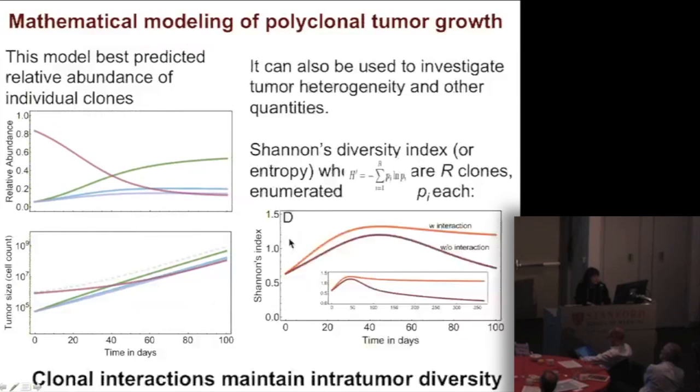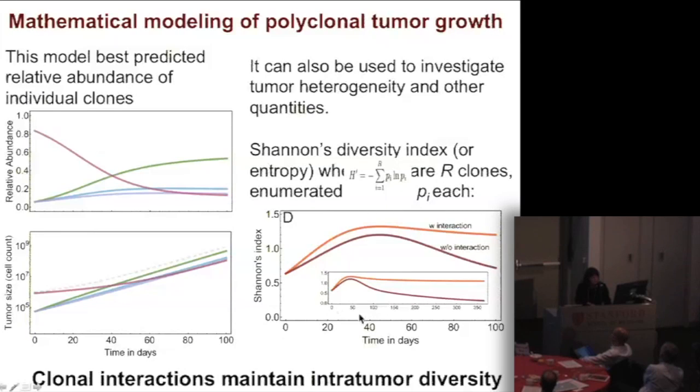I won't get into all the details, but basically based on their prediction and based on the clonal frequency in polyclonal tumors, what was predicted is that the clonal interactions, meaning if your model incorporates interactions among clones, can explain why heterogeneity is maintained.